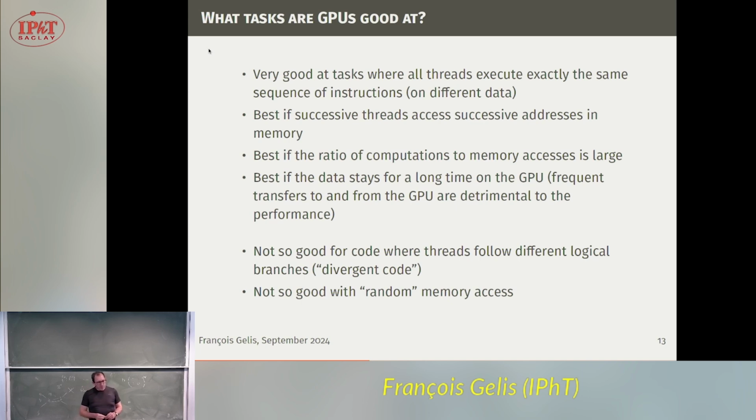I forgot to say something. The successive threads in your program should access successive entries in your array. If the threads access data in a big array but in a kind of random fashion, this will not be so good because the usage of the cache will be very poor.